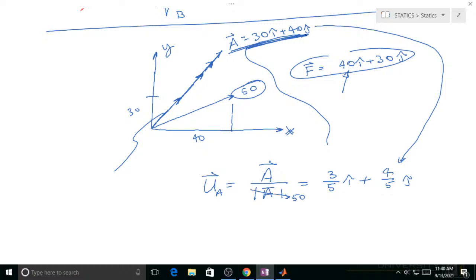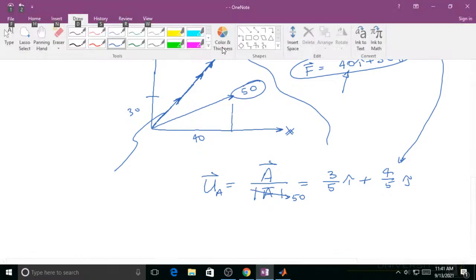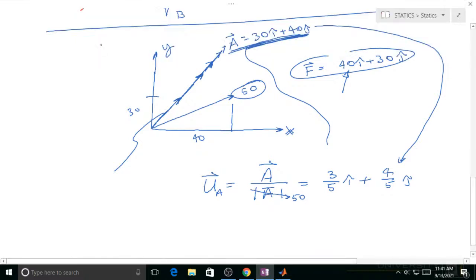Now the next thing is, how do you find the component of this vector that's lying in that direction? It's something called projection, and let me show it to you like this.